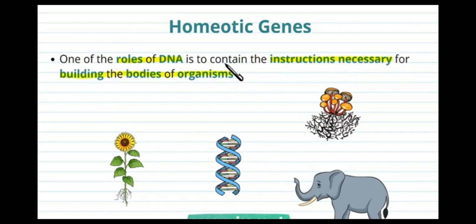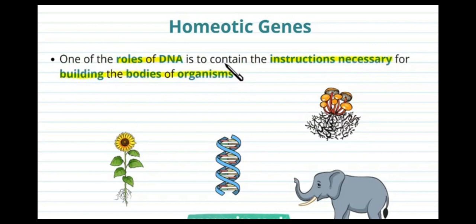Now there is a unity in their development, and this unity in having certain similar characteristics is very intriguing for the scientist. And while studying, they observed that there are certain genes which are responsible for the body structure similarity in all the animals.